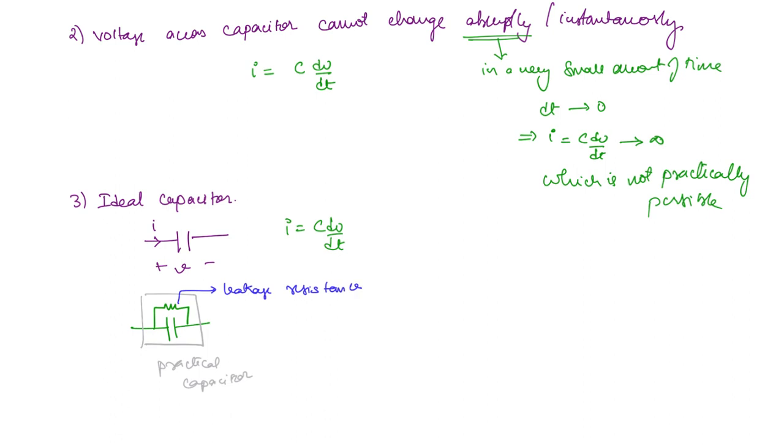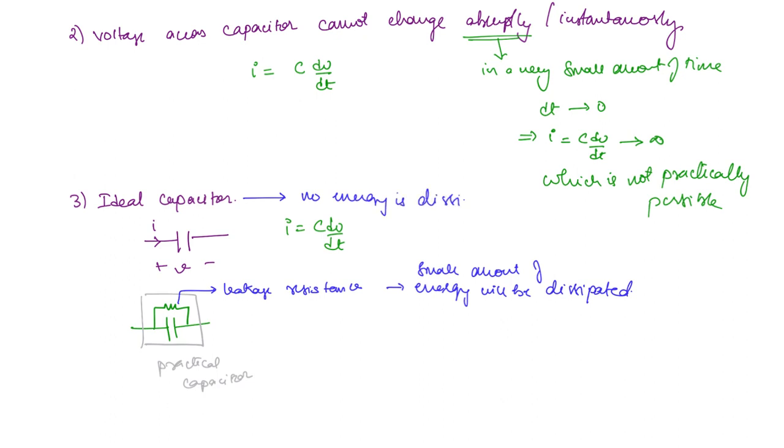Okay, that means a small amount of energy will be dissipated here, whereas in an ideal capacitor no energy is dissipated. Okay, energy can only be stored.